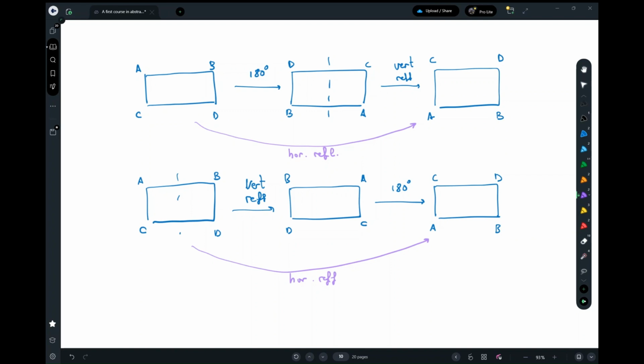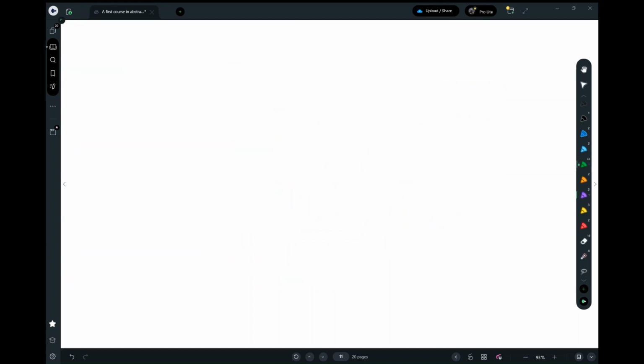However, this is not always the case with symmetries of objects. So, for example, let's see what happens with the symmetries of an equilateral triangle. So let's take a triangle ABC that is equilateral, and then there are several operations I can do.